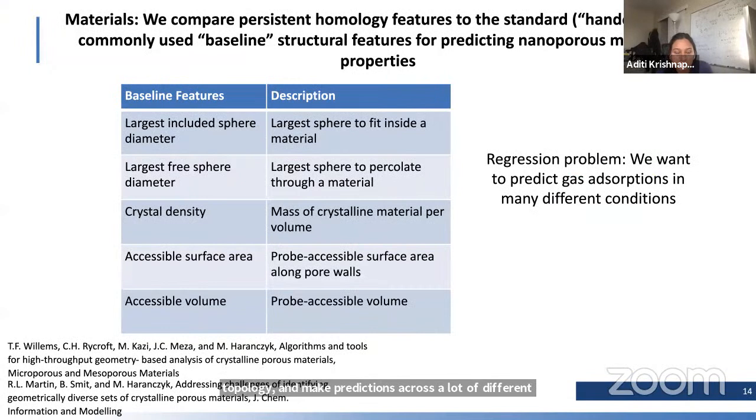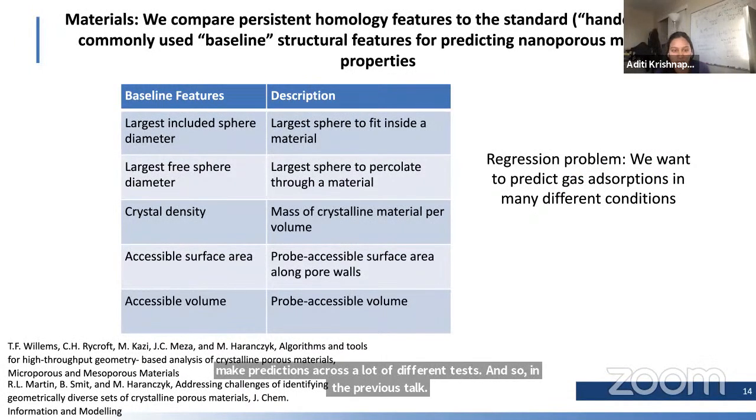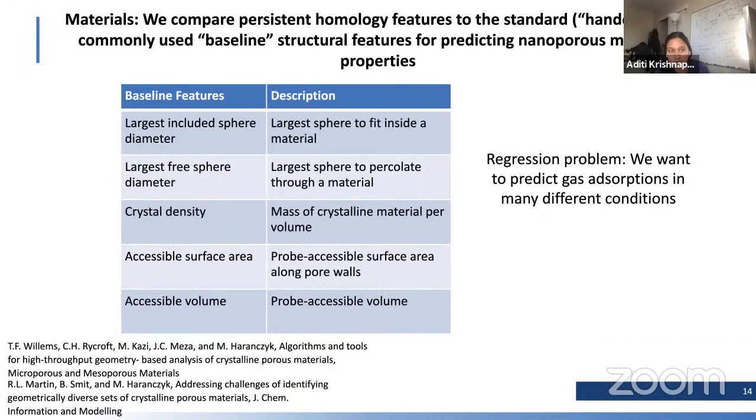And so in the previous talk, Matt talked about tools like MatMiner that will automatically generate features, which you can do, but these are more generic features, which are a good starting point. There's a whole community that works on porous materials, and over the years, they've come up with a bunch of handcrafted features for the very specific problem of metal organic frameworks or zeolites.